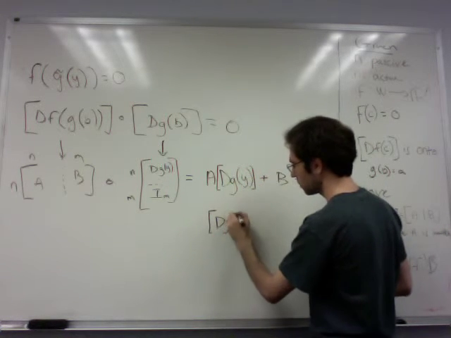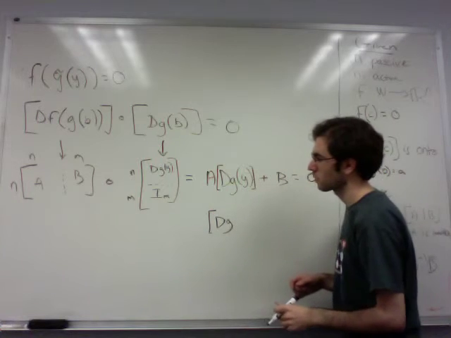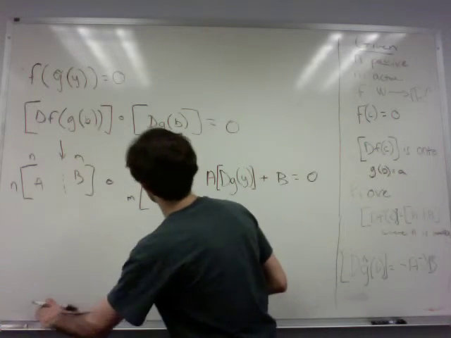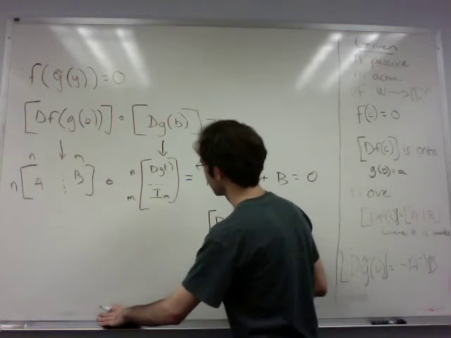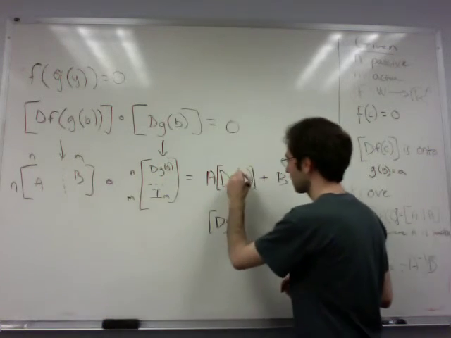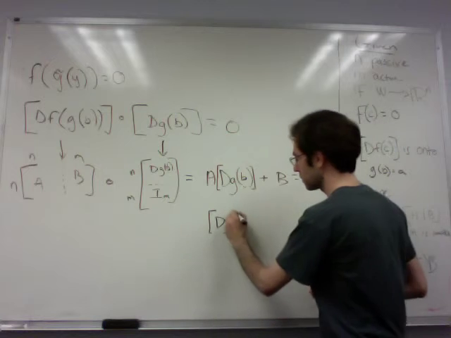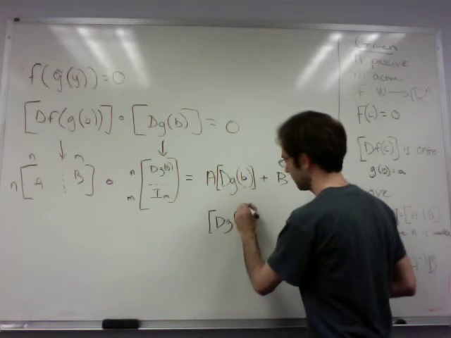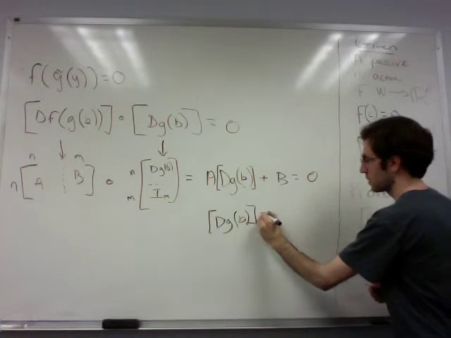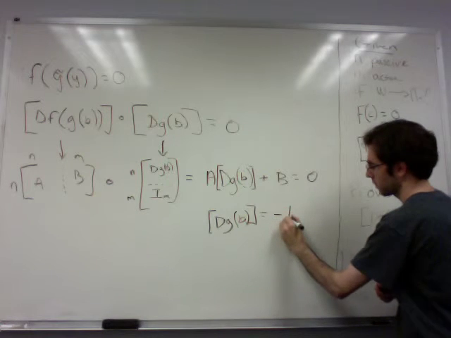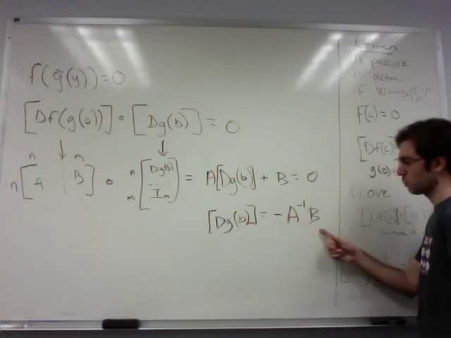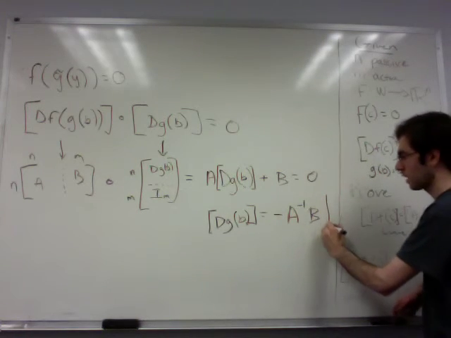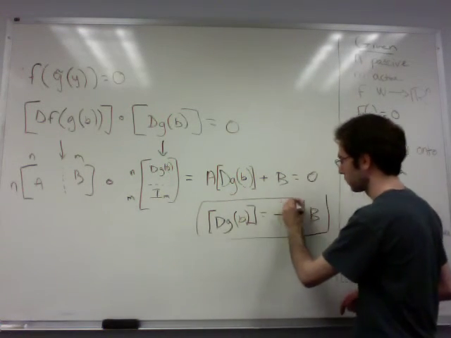Well, we get dg of... Why do I keep putting the y back in? Sorry, guys. dg of b is equal to negative A inverse composed with B. And this is what we were trying to prove.